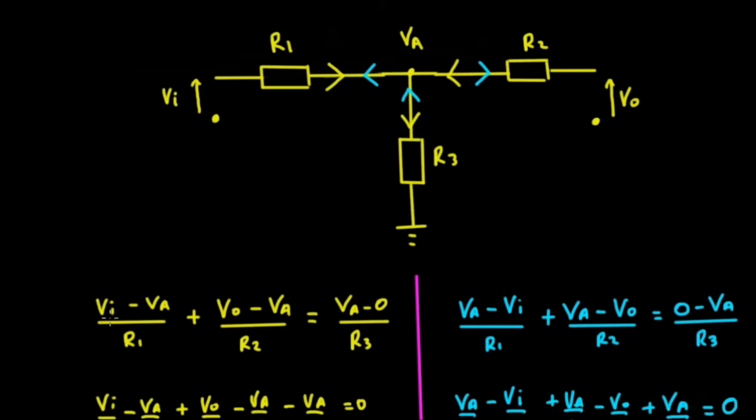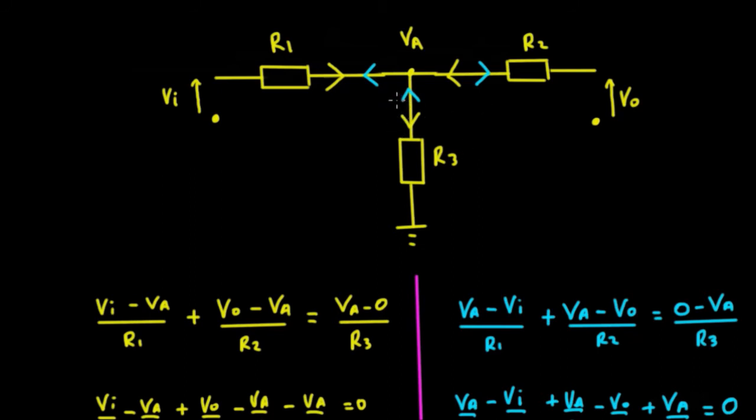So you could say that the sum of these currents, the current in this branch along R1 plus the current in the branch here through R2, is equal to the current down in this direction through R3. Now, to talk about being consistent, we could equally have defined it with the currents flowing in different directions.